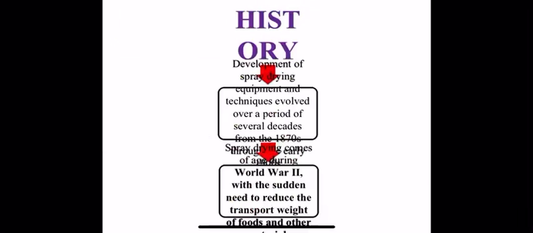This is a type of dehydration. When we dehydrate food, obviously we decrease the size and the weight of the food. So spray drying turns it into a powder, like skimmed milk powder, which can be easily transported from one place to another.